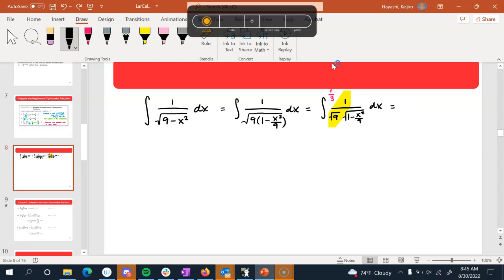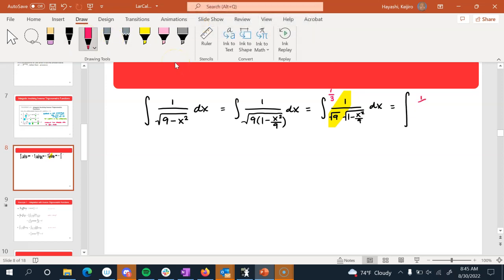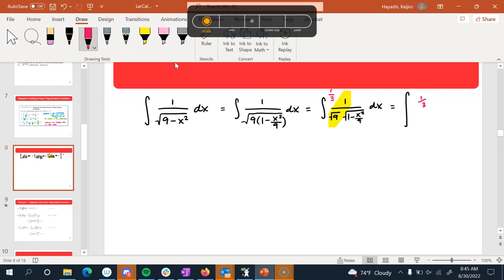You know, actually, what would probably be better is, let's write it like this. Let me just take that 1/3, instead of putting it in the front, I'm just going to put it on top, like make a little complex fraction.